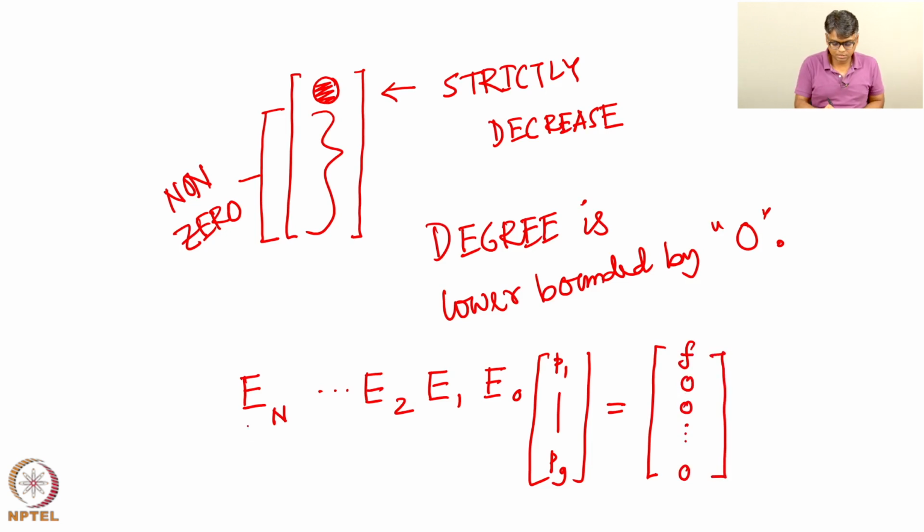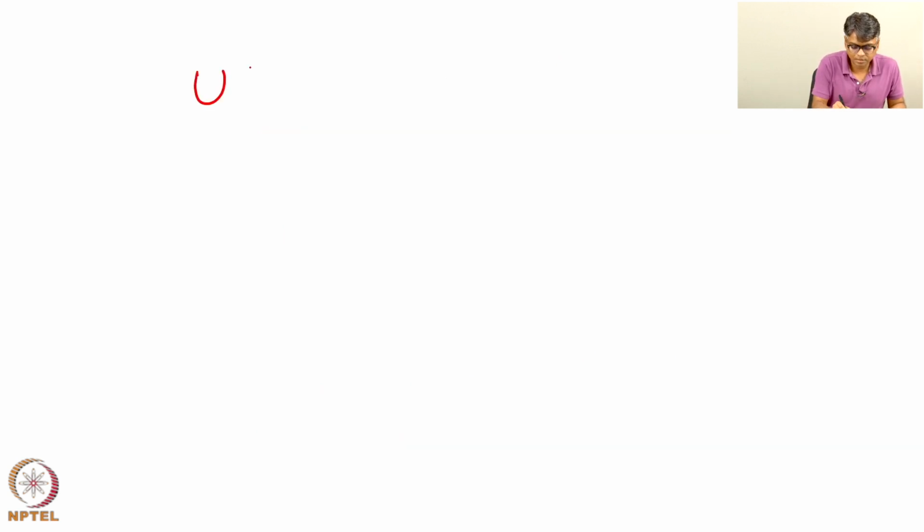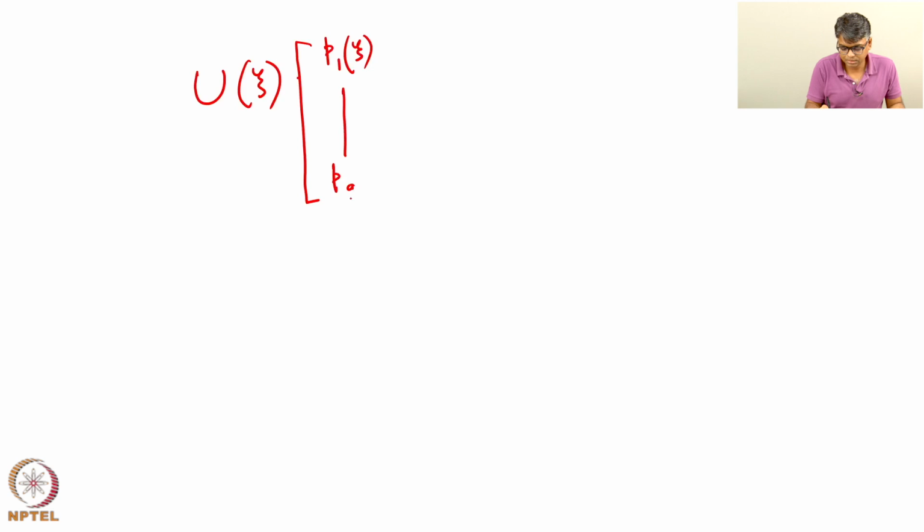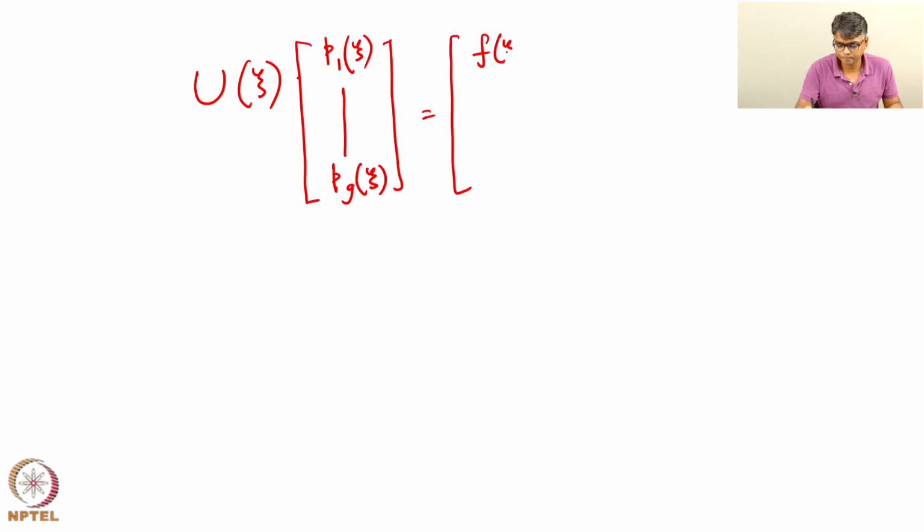Just club these together and call it U. These are unimodular matrices, so their finite product is also a unimodular matrix. So we ultimately have a unimodular matrix U(xi) multiplying the given set of polynomials P1(xi) up to Pg(xi), resulting in a polynomial f(xi) and all zeros.